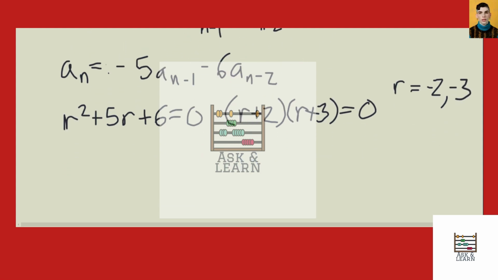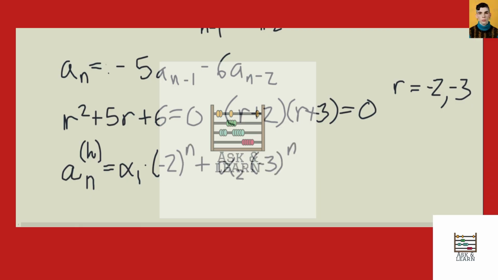So the general solution to the associated linear homogeneous equation is alpha 1 times (-2)^n plus alpha 2 times (-3)^n for some constants alpha 1 and alpha 2.